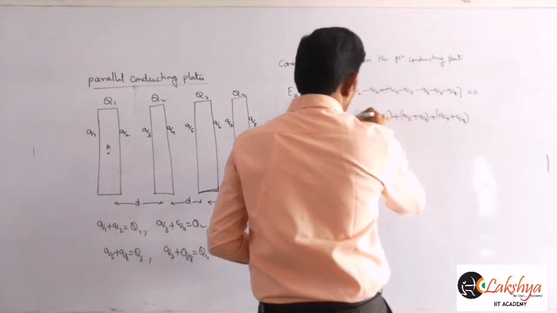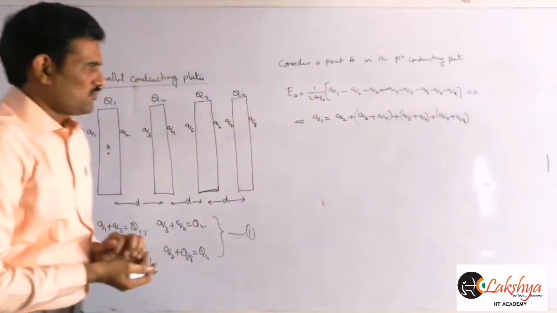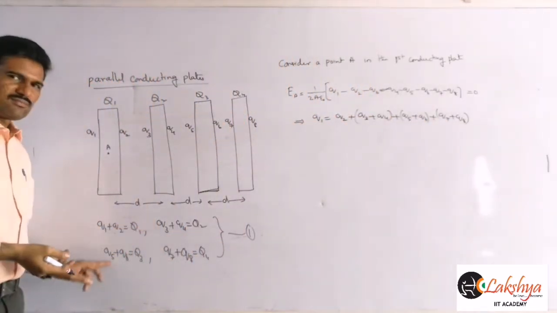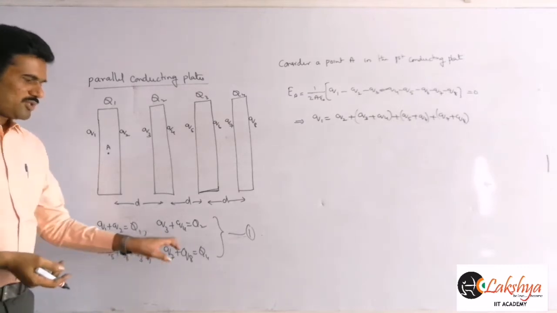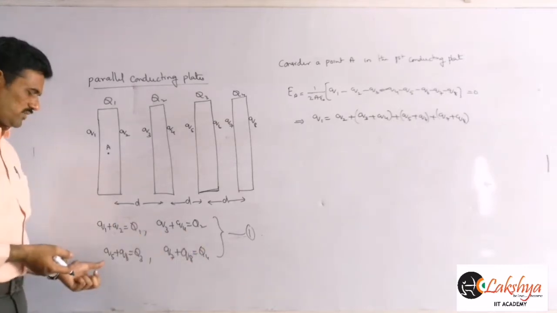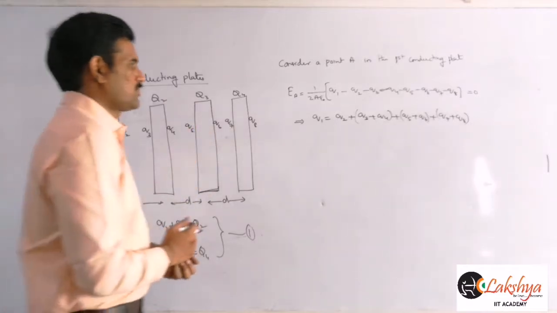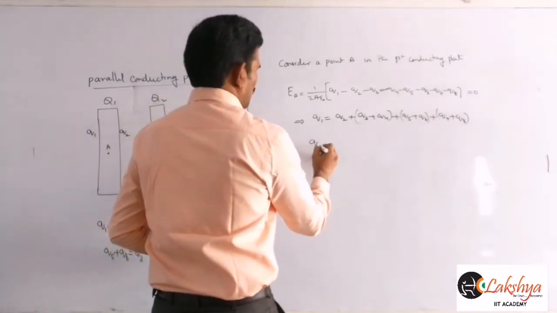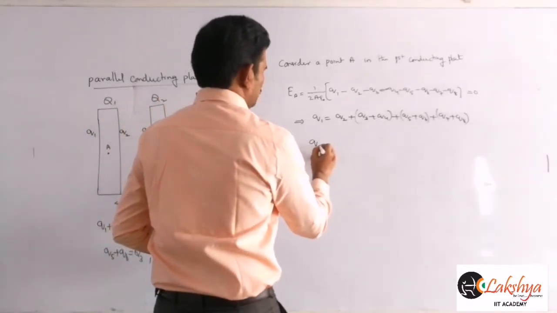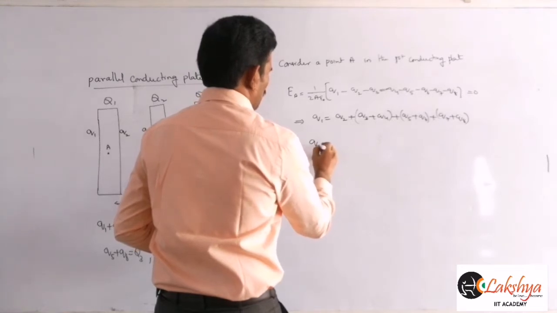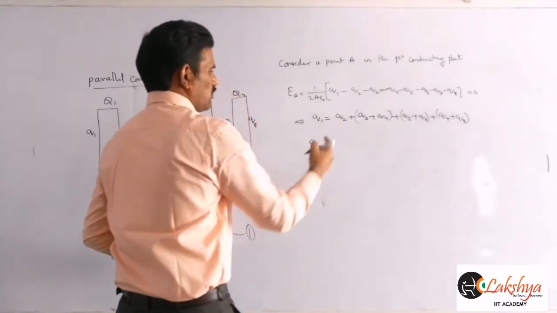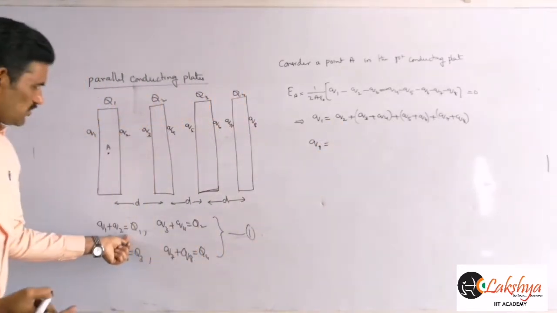Now I am grouping the terms here. By using the first equations, q3 plus q4 we can write as q2, and similarly q5 plus q6 we can write as q3. So we can replace them. Therefore q1 is equal to, and this q2 value also we can replace using this equation.